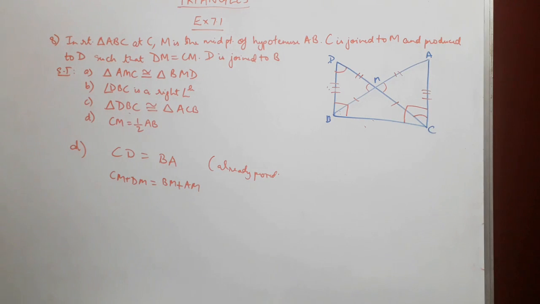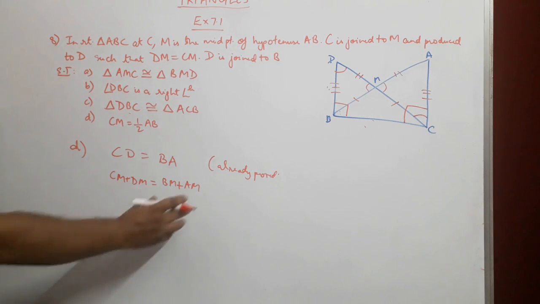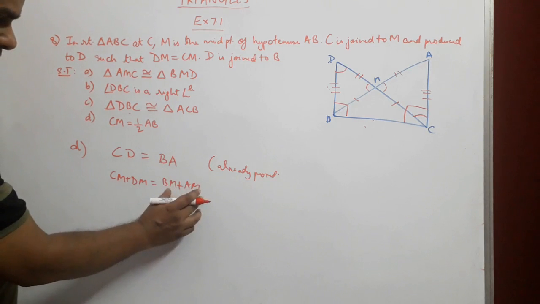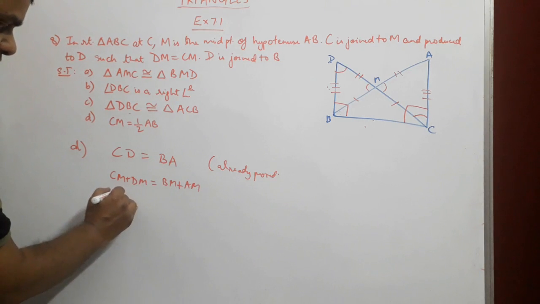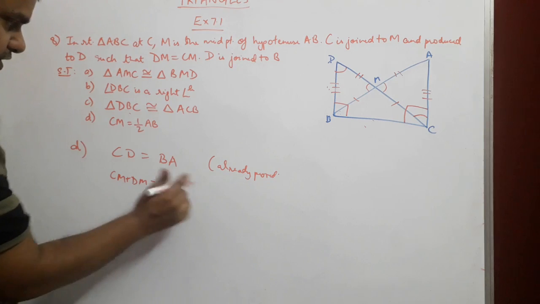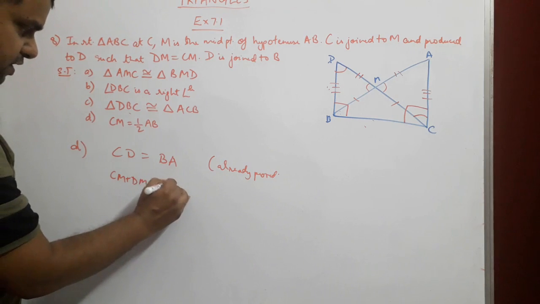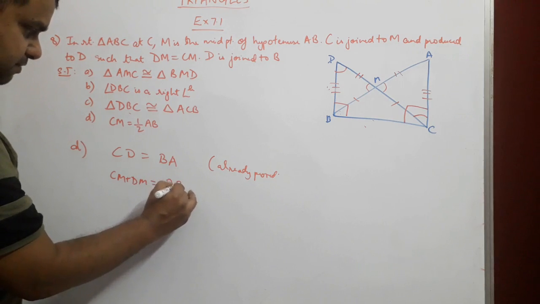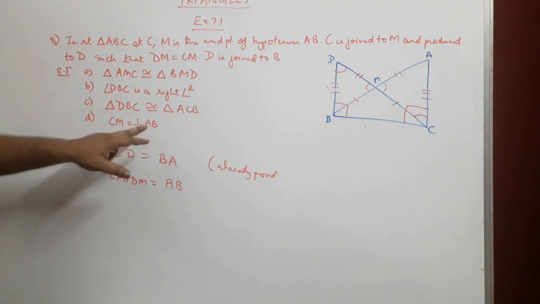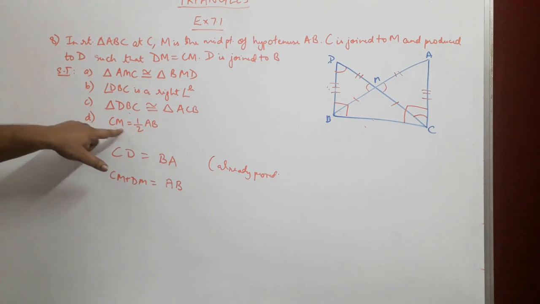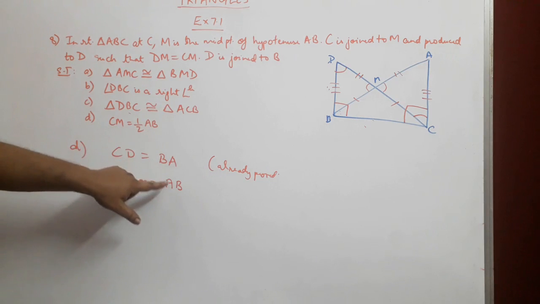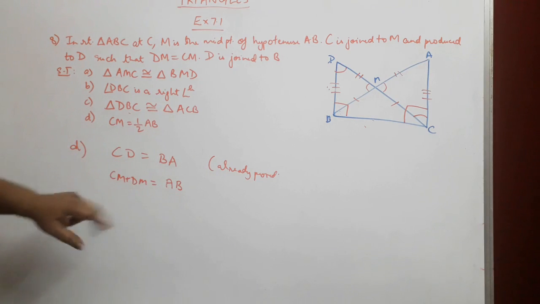So what we can do is, we leave this BA the way it is. There is no need to change this. Whether BA or AB is the same thing, we leave it, because according to our requirement, what we need to prove, we need to show AB over here. So let's not break it up, we'll leave it over there.